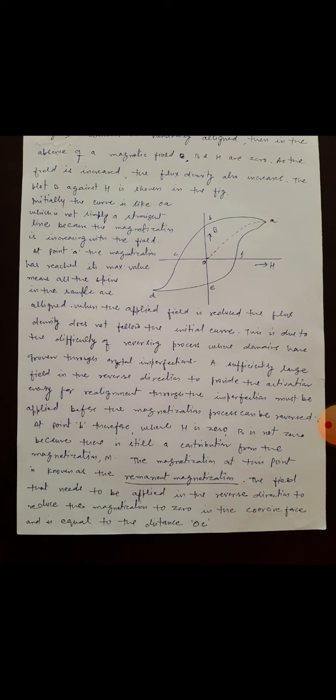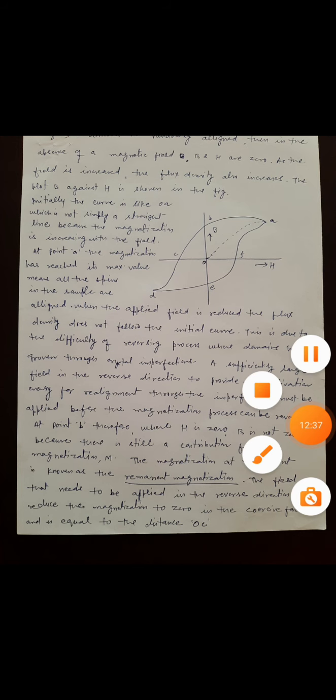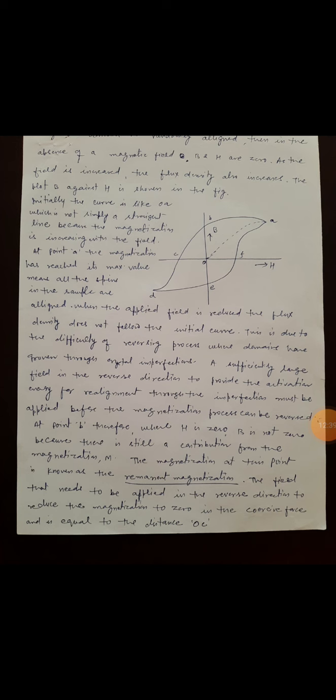What we have studied today is that hysteresis is the graphical representation of a ferromagnetic material with the application of the magnetic field H and magnetic flux B. We have observed that on increasing the magnetic field, the path is different, and on reducing the magnetic field, the path is different. So this is called the hysteresis.